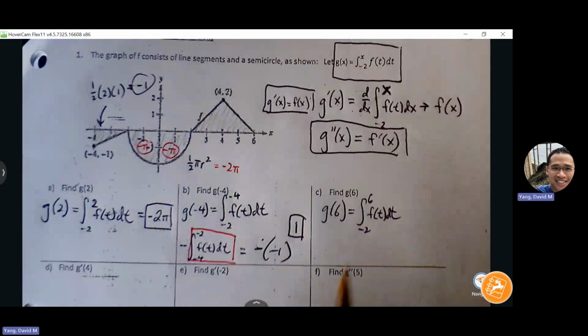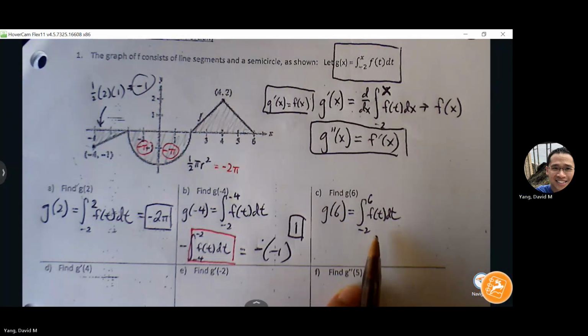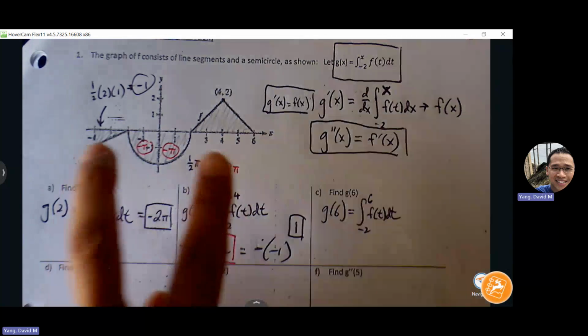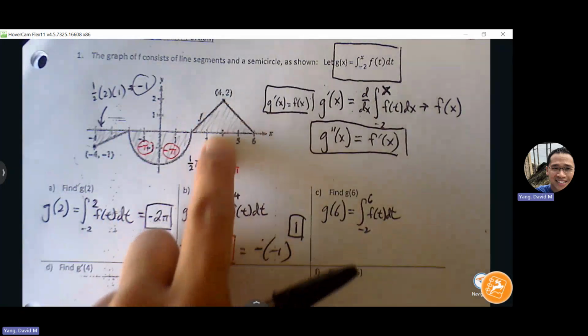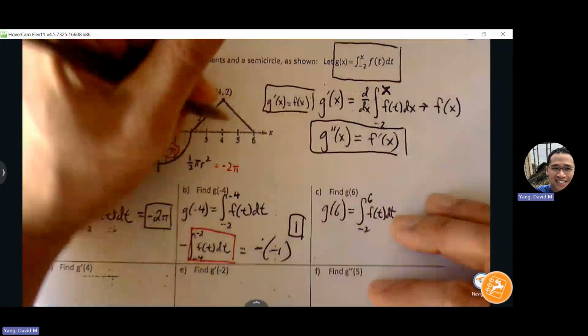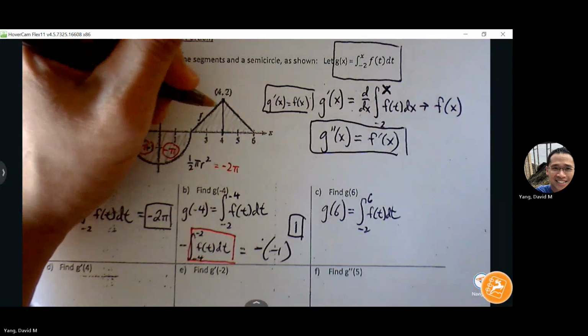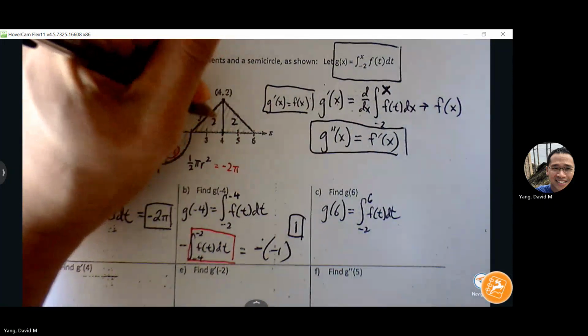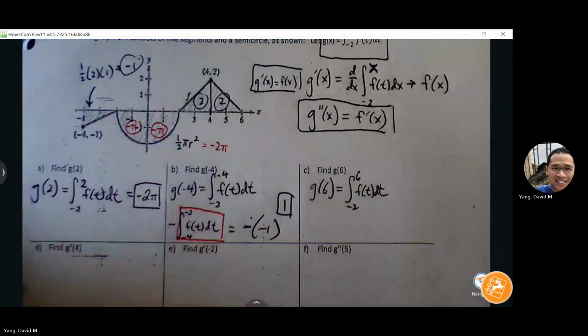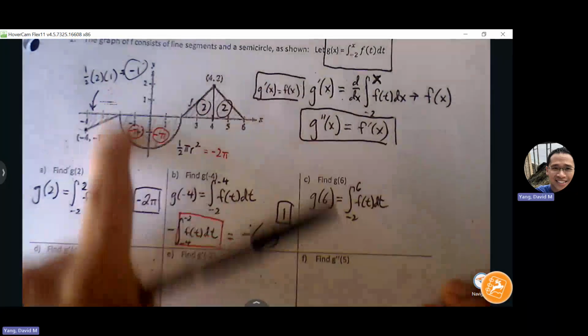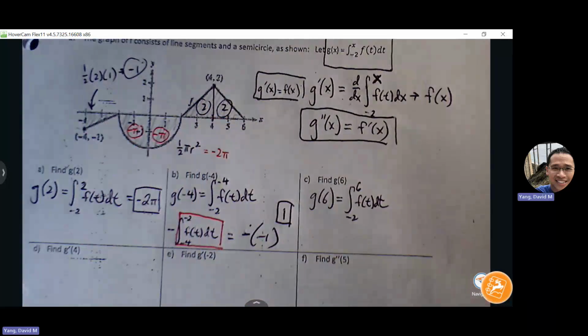So -2 to 6, do we need to make any adjustment here with the bounds? No, that's good, right? So we can just figure out the area of the triangle here, 1/2 base times height. So we add all this together, -2 pi plus 4.